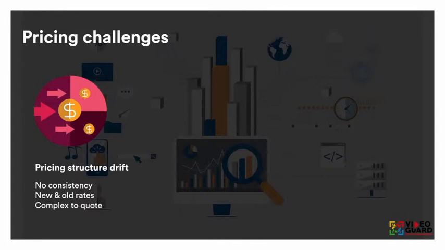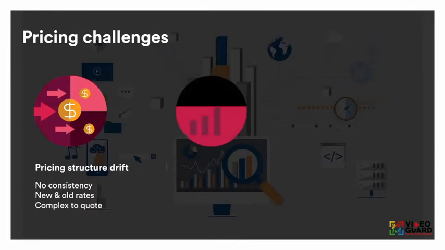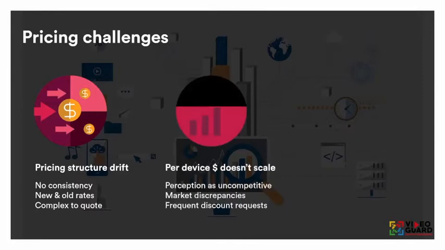It also meant that we had both new and old rates floating around, and it became fairly complex for our sales team and you, our channel partners, to quote. Secondly, it was a per device only pricing, and per device pricings don't necessarily scale very well. This led to a perception of us as uncompetitive compared to certain other vendors.